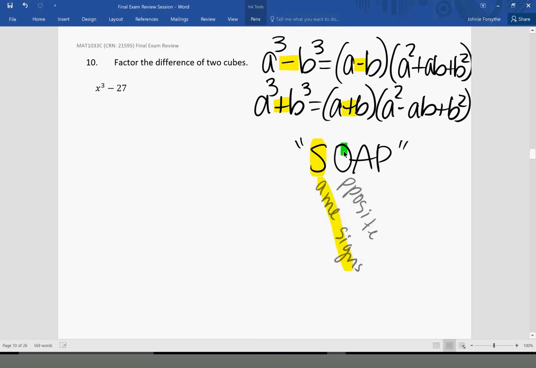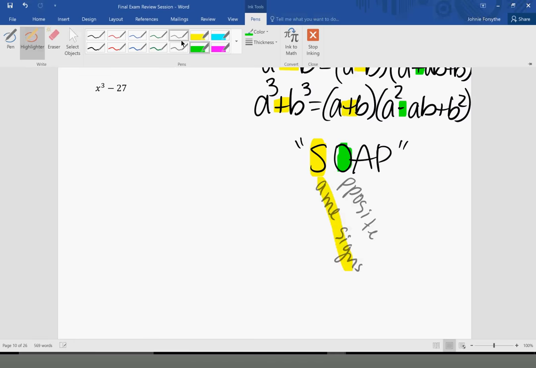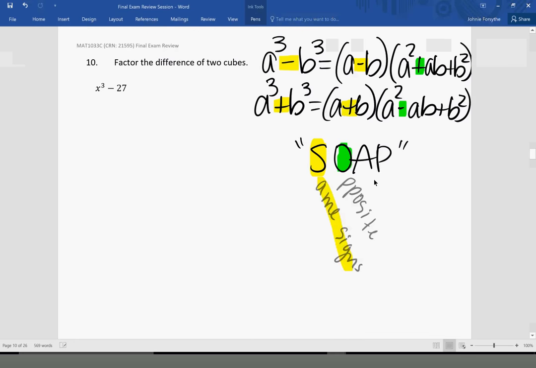Okay, what does that mean? Opposite. If the first one's negative, this one's positive. The first one's positive, this one's negative. And then AP, well, what in the world does that mean? Always positive. Positive, positive. Always positive.